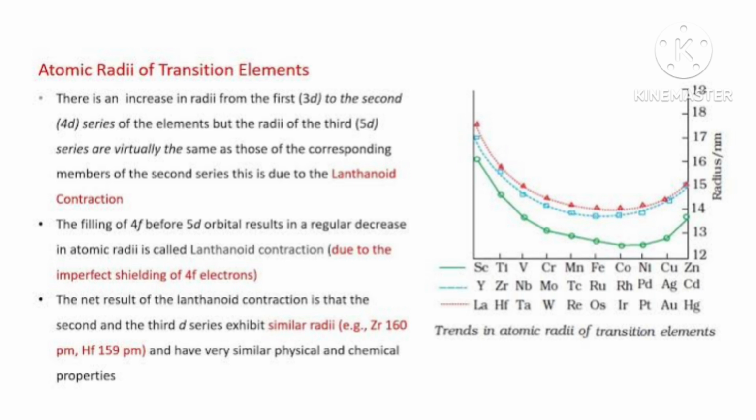Chromium, you know, is d5, and copper is d10. It is a stable configuration of the M+ ions, and these are disrupted with considerable loss of exchange energy. The value for Zn is correspondingly low.